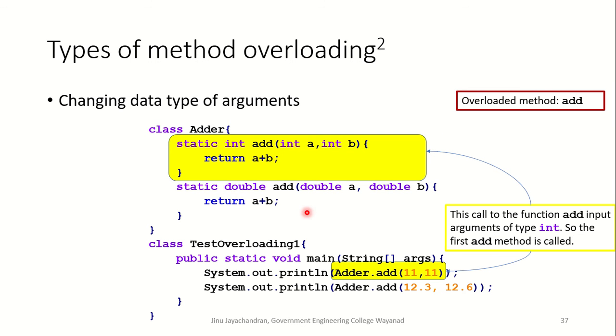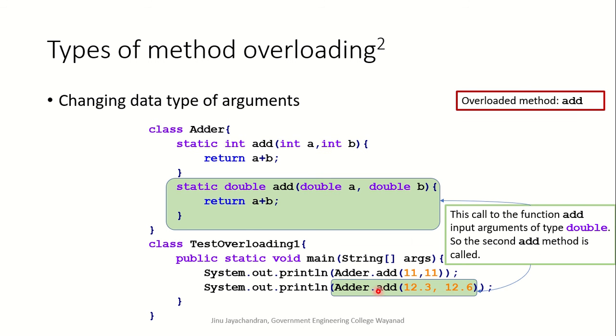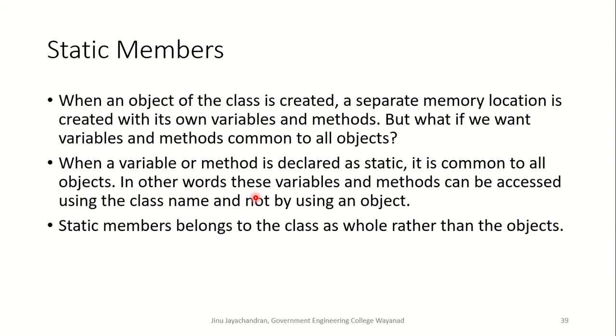So when I call the add function with integer values 11, 11, the first add method will be called because it takes input arguments of type int. And when I call add with decimal point or floating numbers, the compiler knows that it needs to call the add method which accepts floating or double point numbers, and so this method will be called.